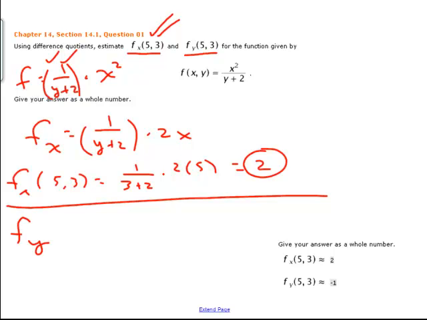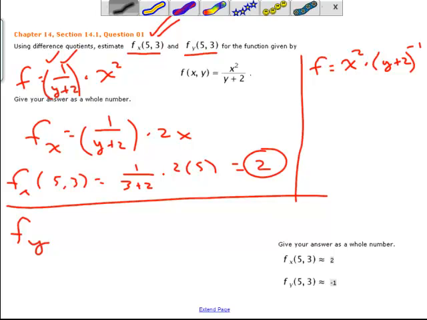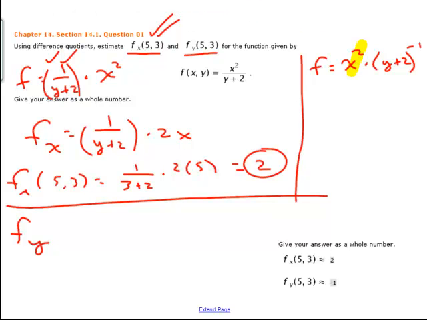Well, similarly, what we can do is think again about my function, but now I'm going to write it as x squared times y plus 2 to the negative 1. And in this case, x squared is a constant because I'm only changing y.